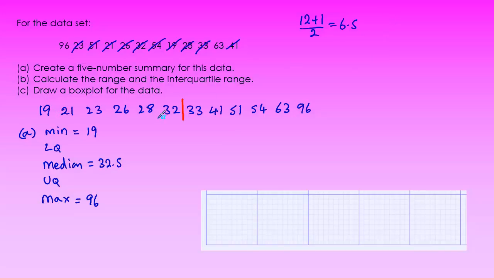Now each of the sublists is 6 pieces of data, so 6 add 1 divided by 2 gives us 3.5. So what we need to be is halfway between 23 and 26. And then for the upper list, 1, 2, 3, halfway between 51 and 54.